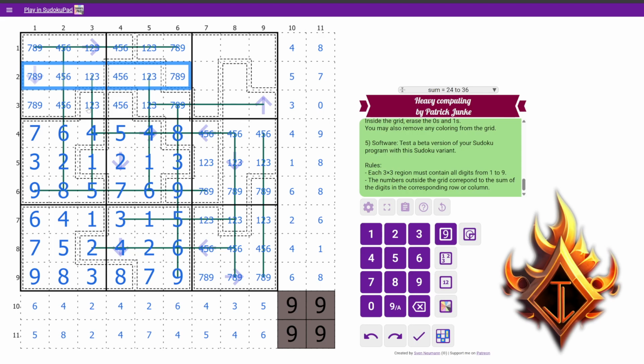Let's take minimums here. 7, 11, 12, 15, 16, 23. That one's really close. That one is really close to having to be 1, 2, 3.